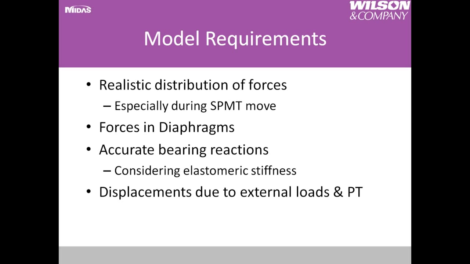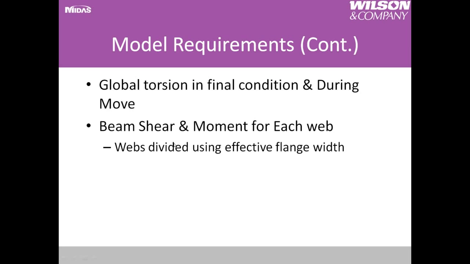We wanted accurate bearing reactions, considering the elastomeric stiffness. We're looking at the displacements due to external loads and post-tensioning. We also wanted to know about the global torsion and the final condition, and we're especially looking at this during the move.